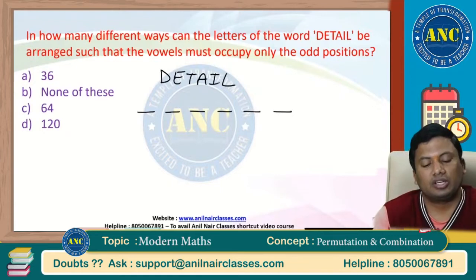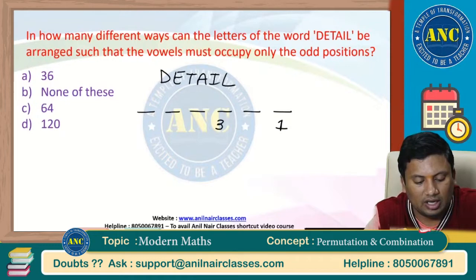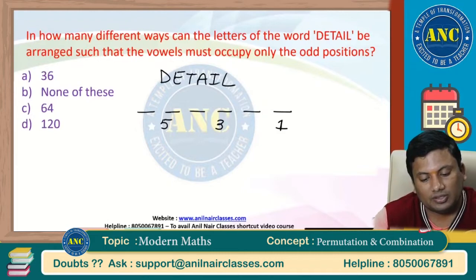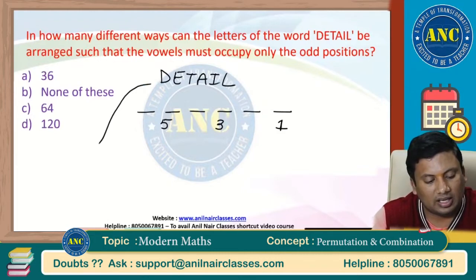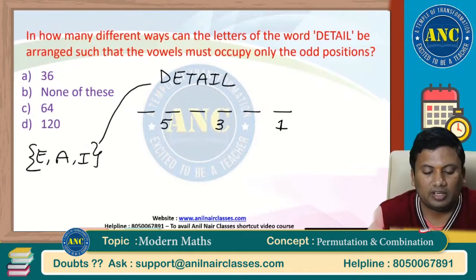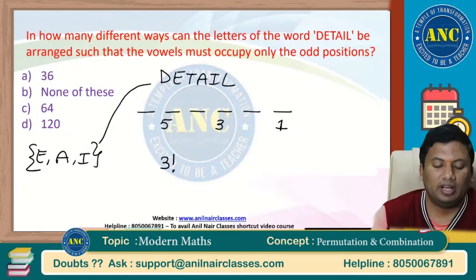The first, third and fifth positions are the odd ones, and only vowels occupy them. How many vowels are there? D is not a vowel, E is a vowel, T is not a vowel, A is a vowel, and I is a vowel. These are the 3 vowels. 3 vowels can come in 3 positions in 3 factorial ways.